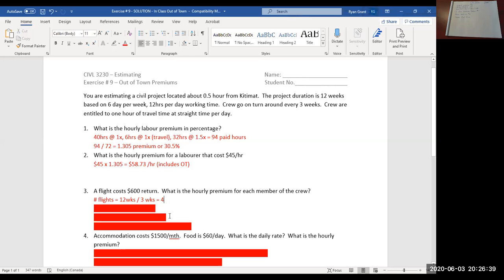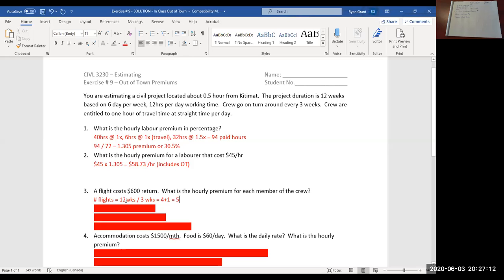Thinking about this, it should actually be 5. Anybody have any idea why that is? When you first send the crew, you need to account for the flight up to begin with and the flight home. So the flight up is your first flight.